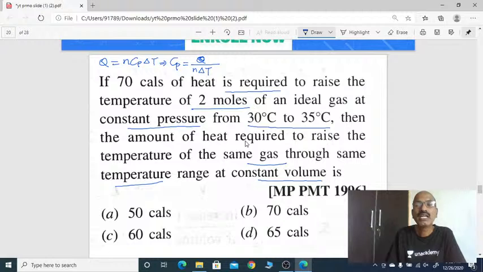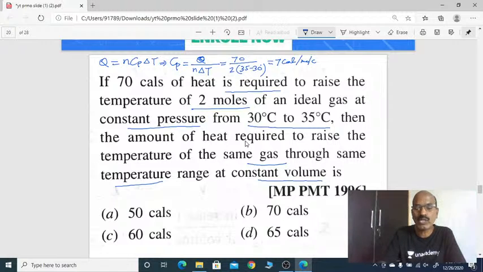Now, what is the heat given? 70 calories divided by N, where 2 moles is given, into the rise in temperature, 35 final temperature minus initial temperature. You will get 7 calories per mole per degree Celsius.